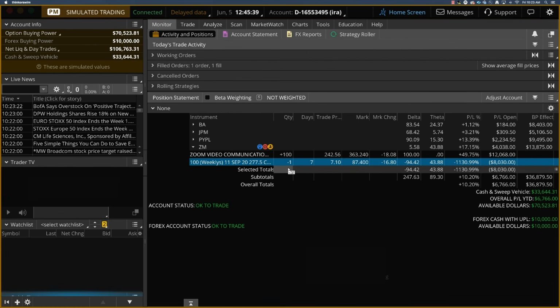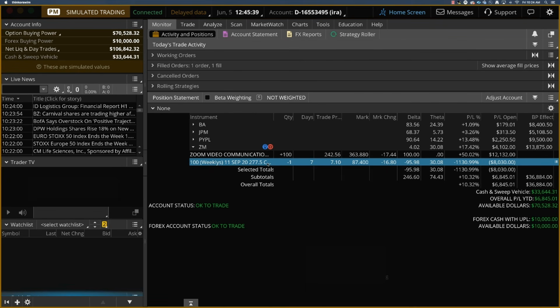And let's kind of talk about that. If, for example, someone did not care about selling these shares of stock, they could just let this trade close above the strike price. And if that stock were to close above the strike price, then the 100 shares in their portfolio would be sold at the strike price of $277.